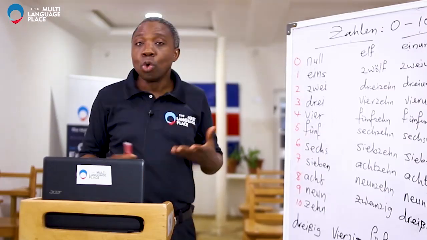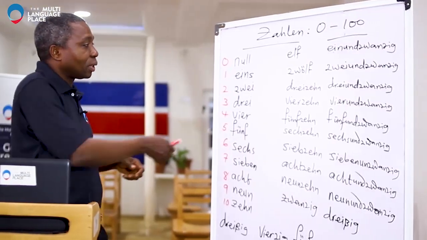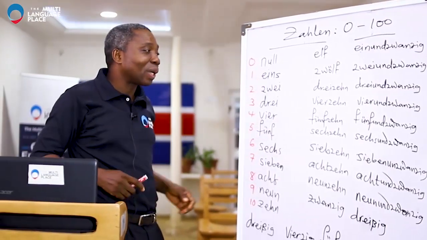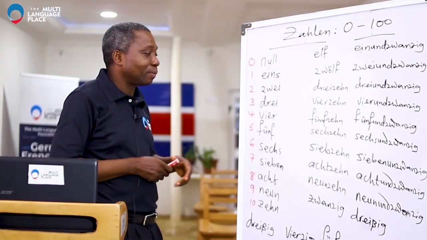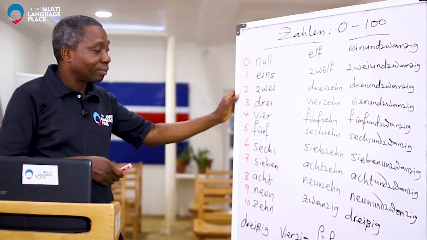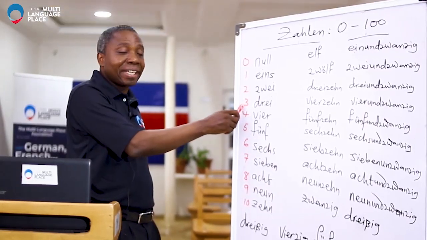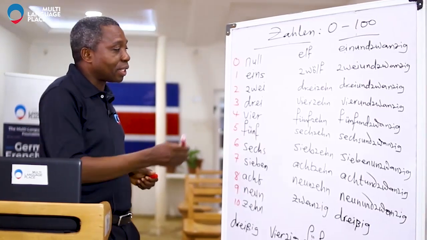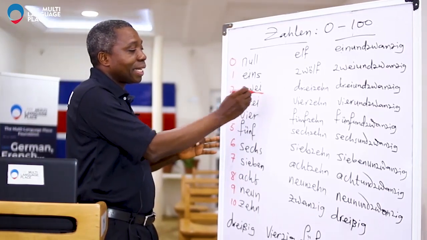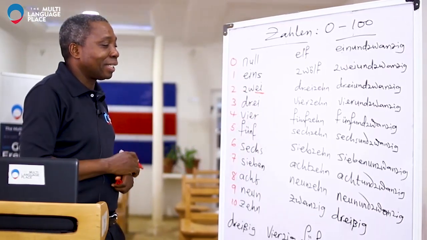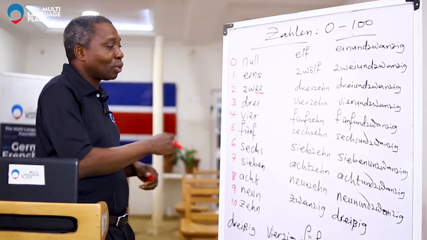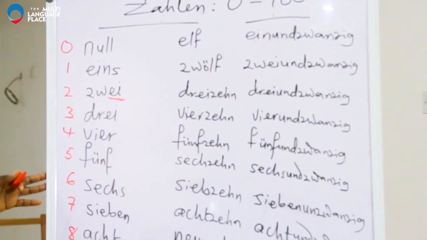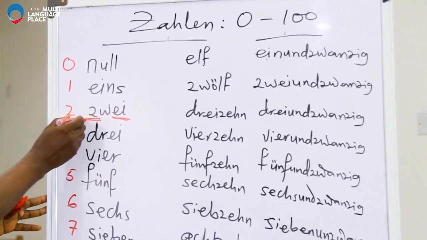The first one is null, that's 0. The second one is 1, 2, 3. If you notice something, you see that the EI is pronounced I. So you see 2, and then you see the Z here.